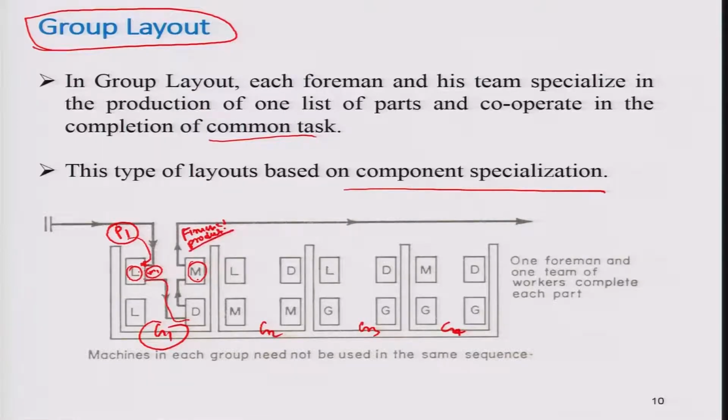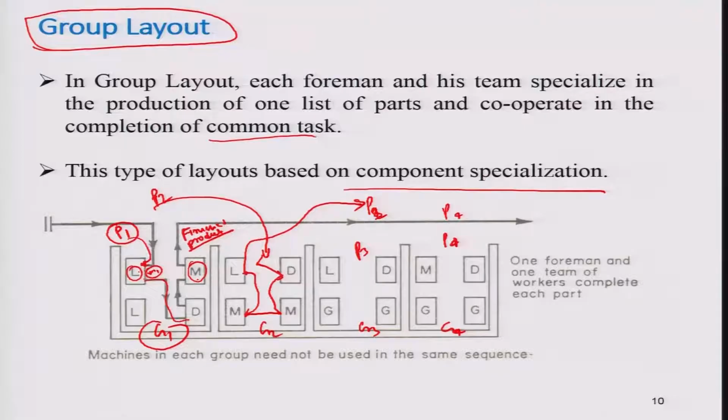Okay, so here again part P2 will enter in this place, then it will be done, again it will enter the lathe, and after that it will be taken out. Okay, so here you can see that all families, parts P1, P2, P3, P4, are processed parallelly with a similar number of human beings as compared to functional layout.